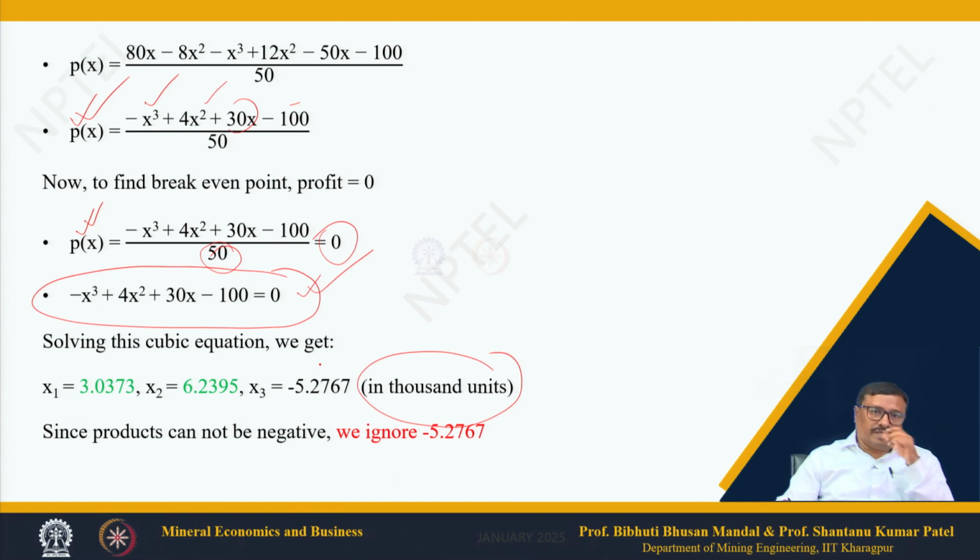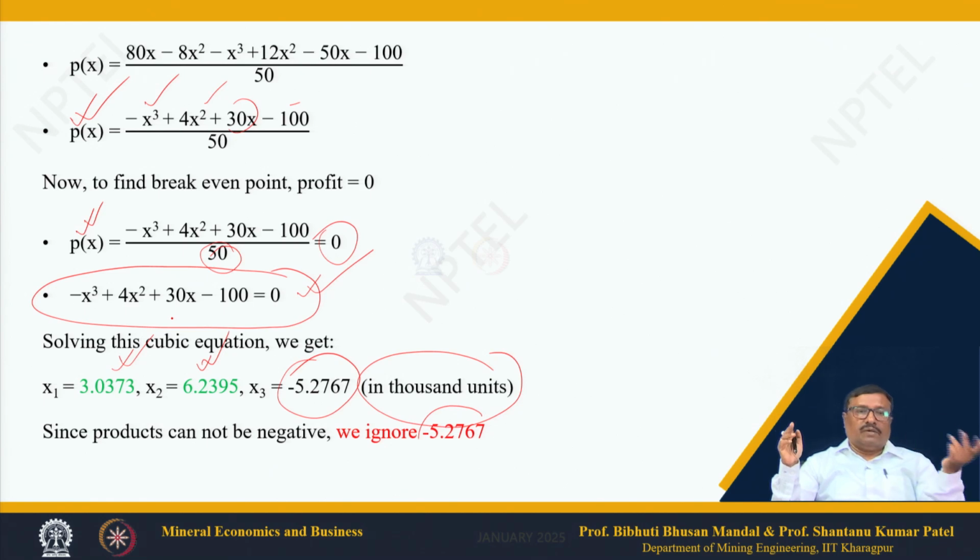Since products cannot be negative, we ignore this value, and we consider these two values, x1 equal to 3.0373 and x2 is 6.2395. There are two break even points.